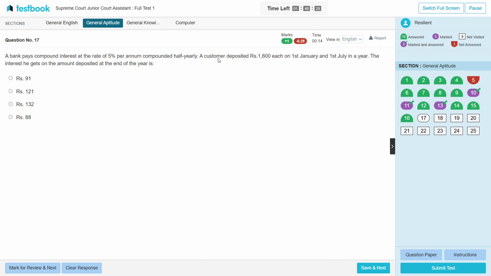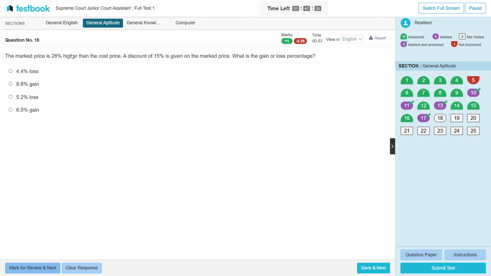The interest he gets on the amount deposited at the end of year is... 1600 at 5% per annum compounded. Further, its 2.5, 2.5. 5 plus 0.625, and along with this 2.5, so 2.5% of 1600 at the end of the year. 1% of 1600 is 16, 32, 32 and 40, 40, so on this, and 5% of this is 40, so 121.